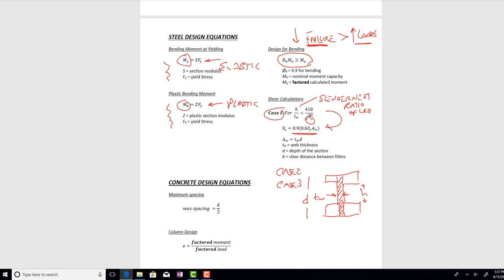Hint, hint. The maximum spacing for a concrete beam, remember that a concrete beam is typically rectangular for the general case.